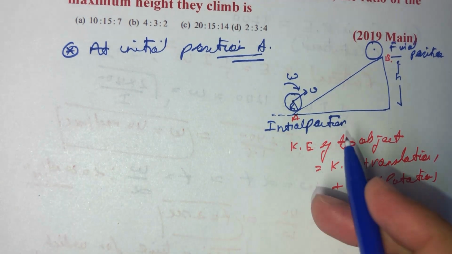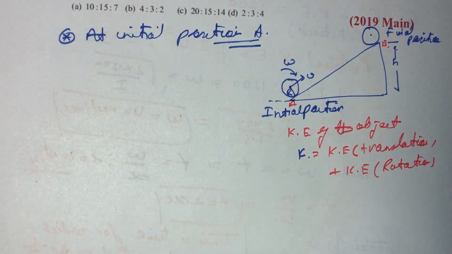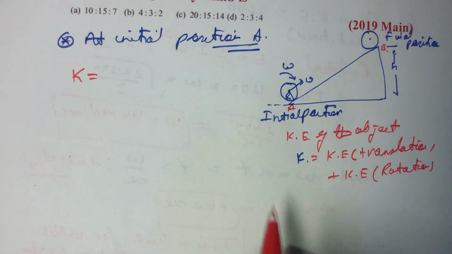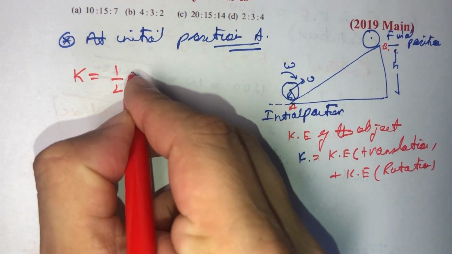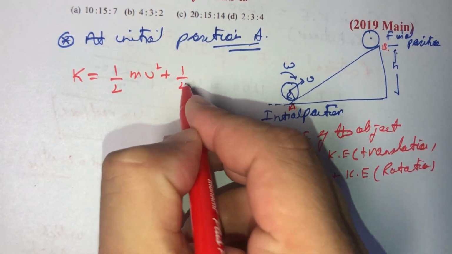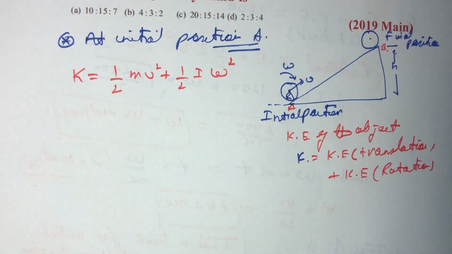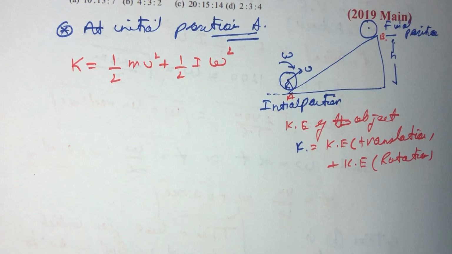Let us suppose this is given as K. So I can write that the value of K is equal to half mv square plus half I omega square, where I is the moment of inertia and for different objects this value will be different.